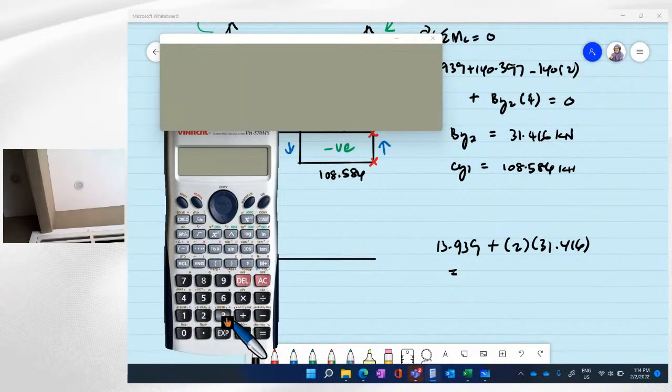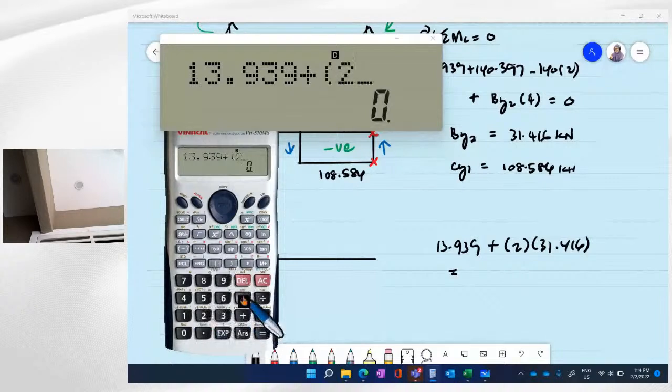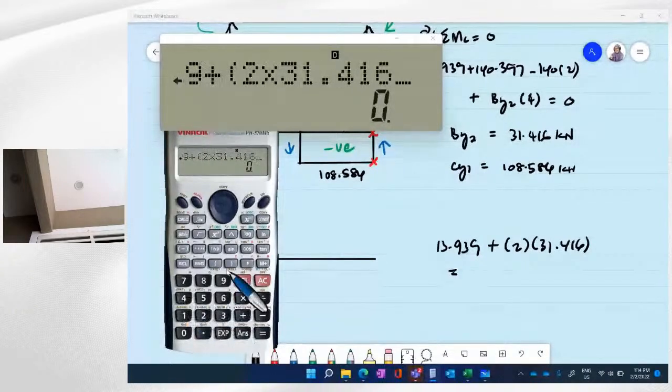This is equal to 13.939 plus 2 times 31.416.